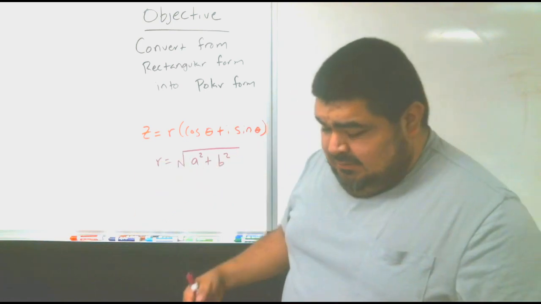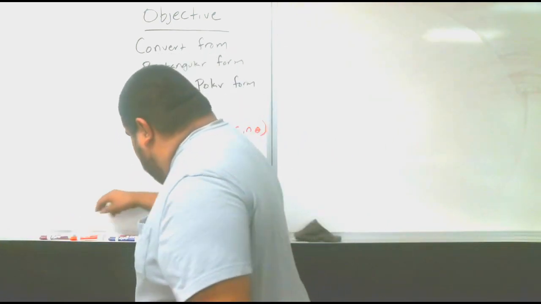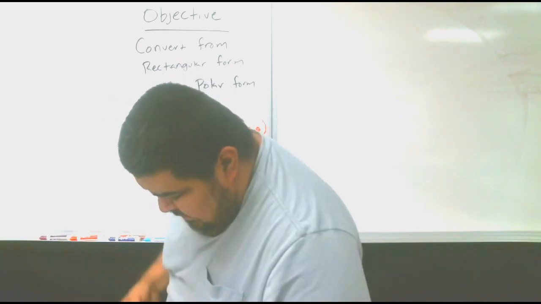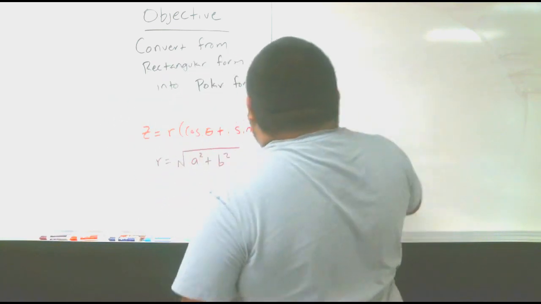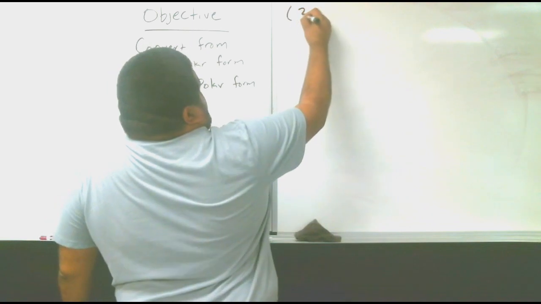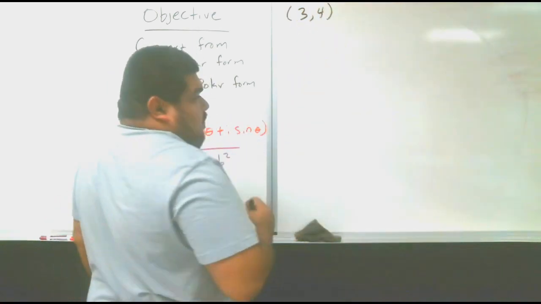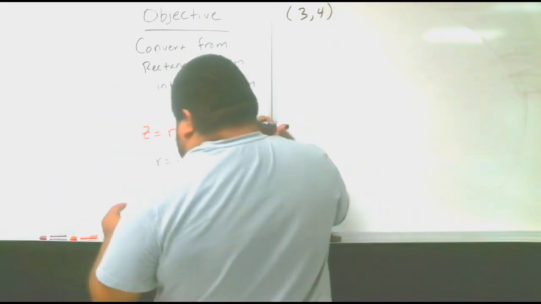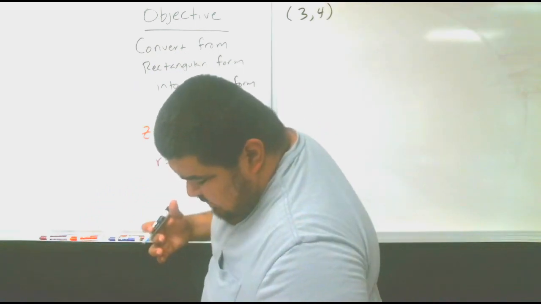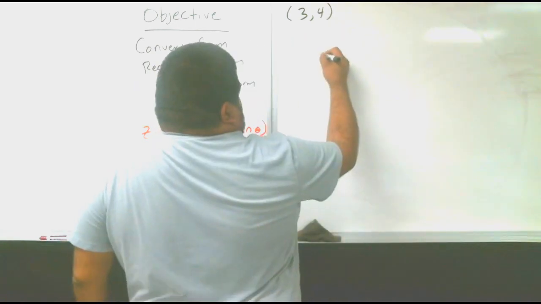So our problem is, we have a point at 3 and 4. If we graph that, it's going to look something like this.